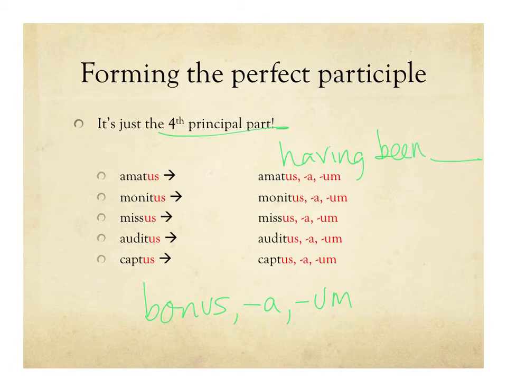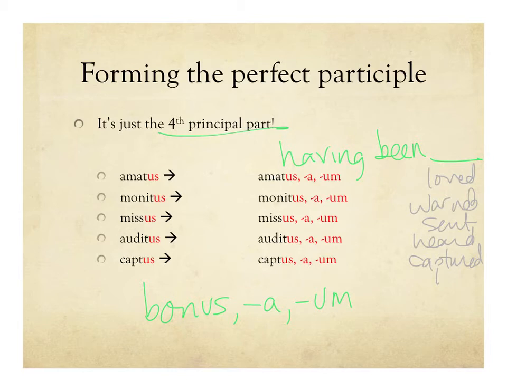So having been loved, having been warned, having been sent, having been heard, having been captured. So that's how we form them. So forming participles is really not hard. As you can see, the present participle is maybe slightly trickier than the rest. The future active and the perfect passive couldn't be easier.